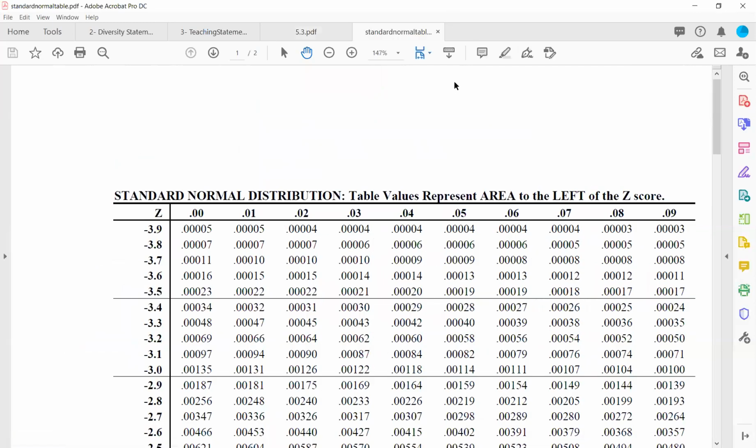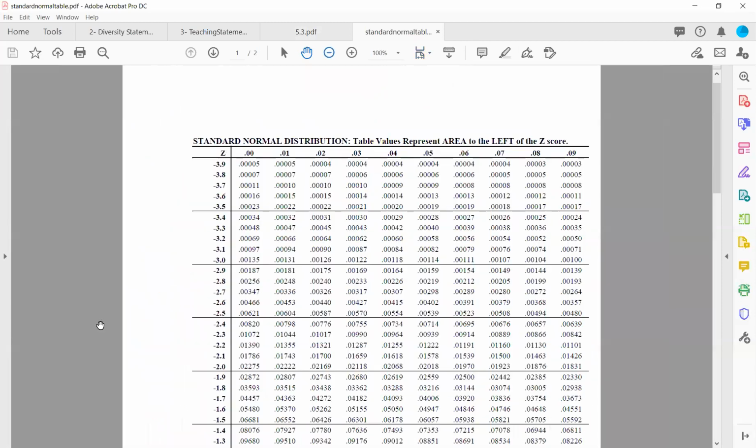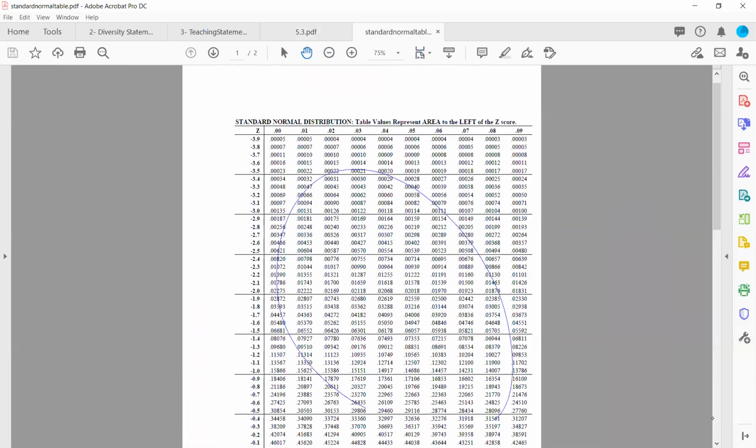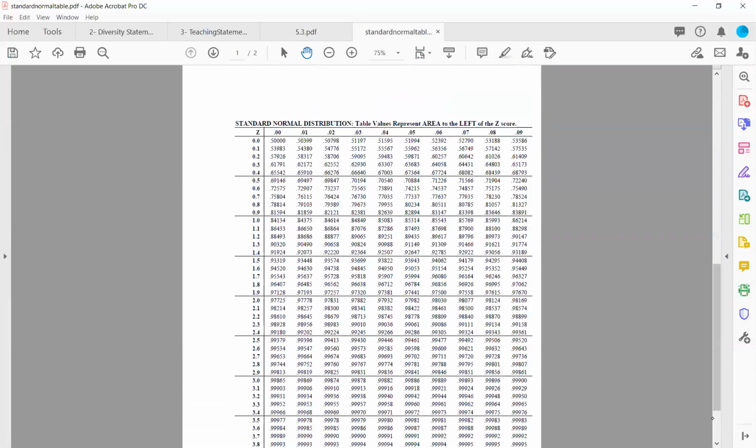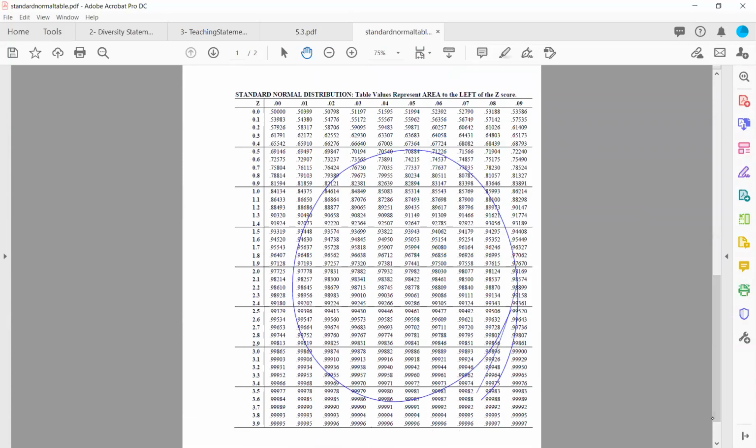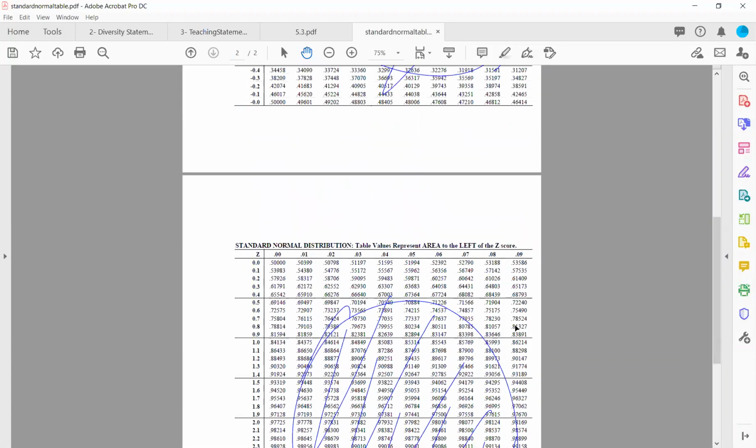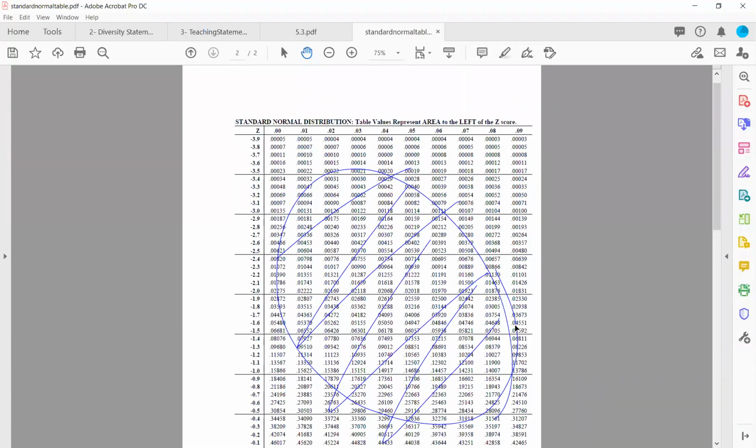Perfect. So 5%. Okay, I have to look for 5% within these numbers. I have two tables, positive z-values and negative z-values, and I have a lot of probabilities or areas. Perfect. So let us find 5%.